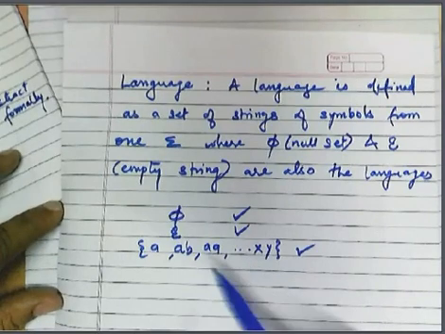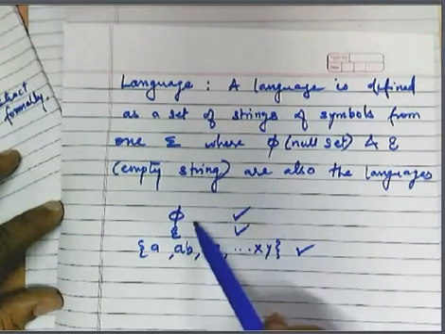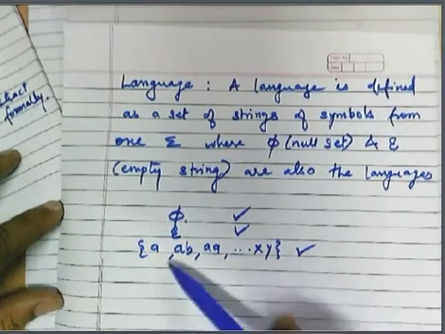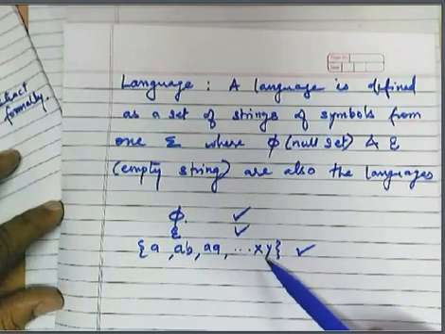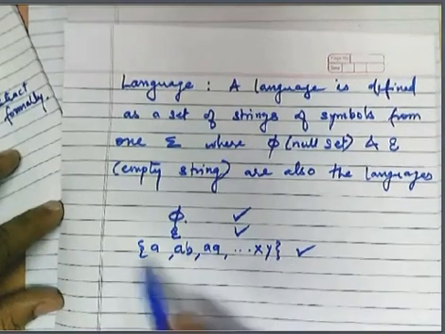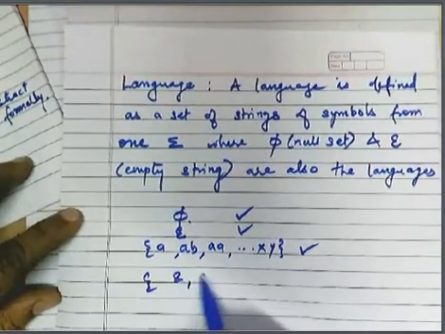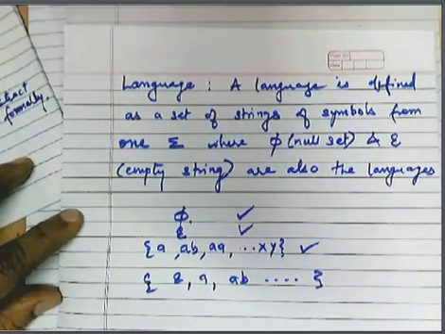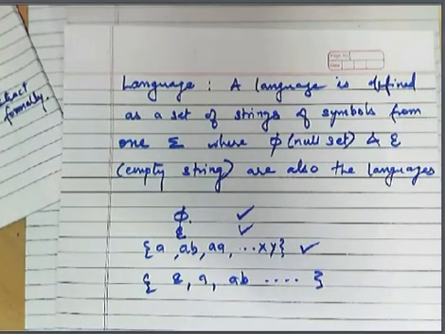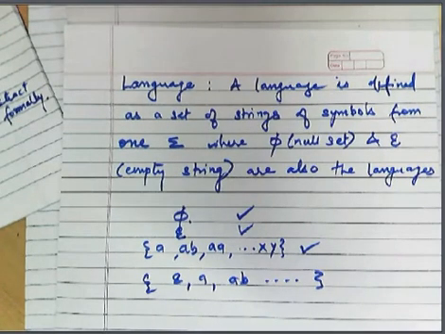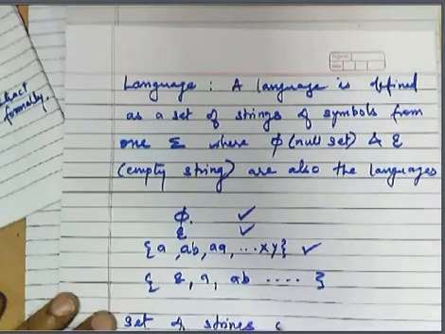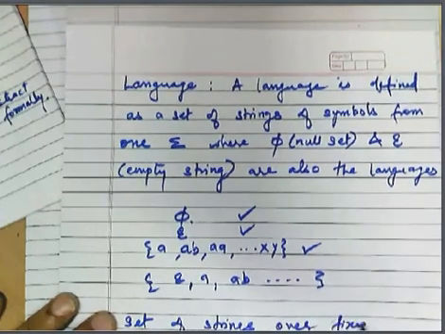Suppose I have considered the alphabet A to Z. Whether this is representing a language, yes, it is, and it is also a set of valid strings of symbols. Even the empty string, A, B, something like this is also a language. So formally we can say it is the set of all strings over a fixed alphabet.